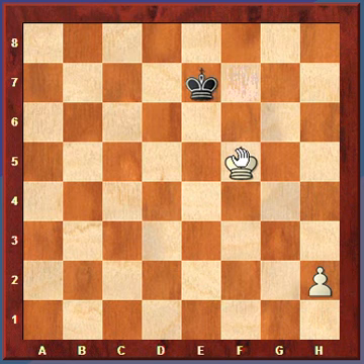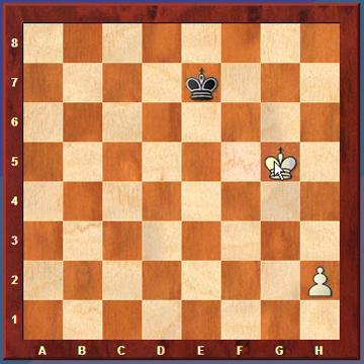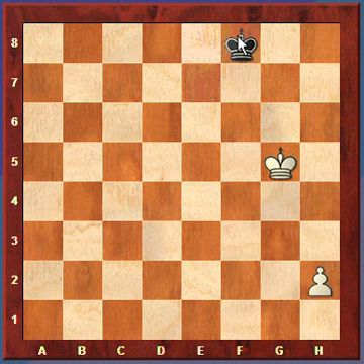Now let's just show you another form of opposition. Let's say if the black king moved here, white could move here, and theoretically white would have the opposition because there's one square between them. And then by the same token, let's say black moved here, white could always move here. And these are just fundamental.